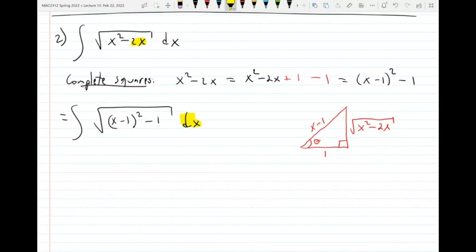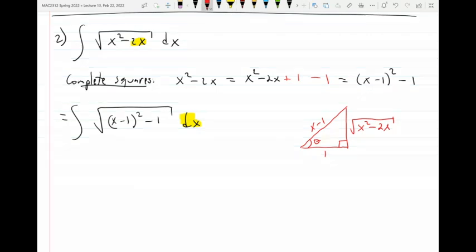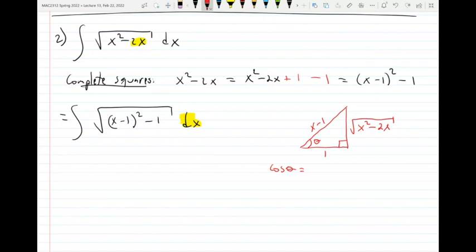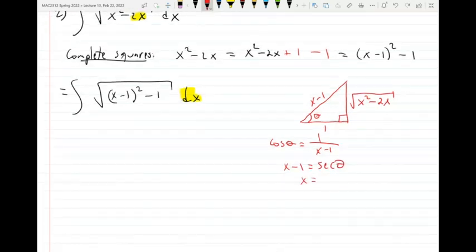To find x, I'm going to be using adjacent and hypotenuse. So again, cosine is 1 over x minus 1. So that means x minus 1 is going to be secant, and therefore x is 1 plus secant. Once I know x, I know dx. So dx is going to be secant tangent.